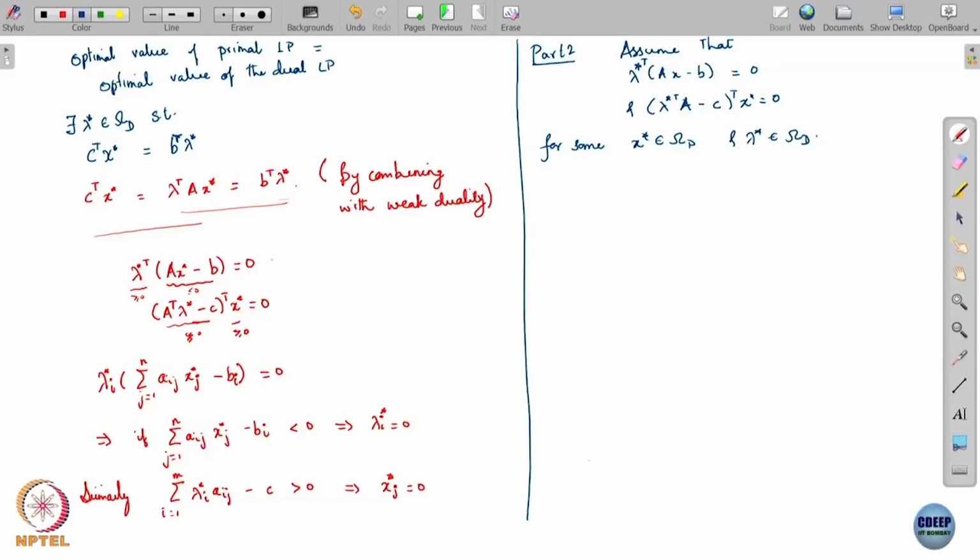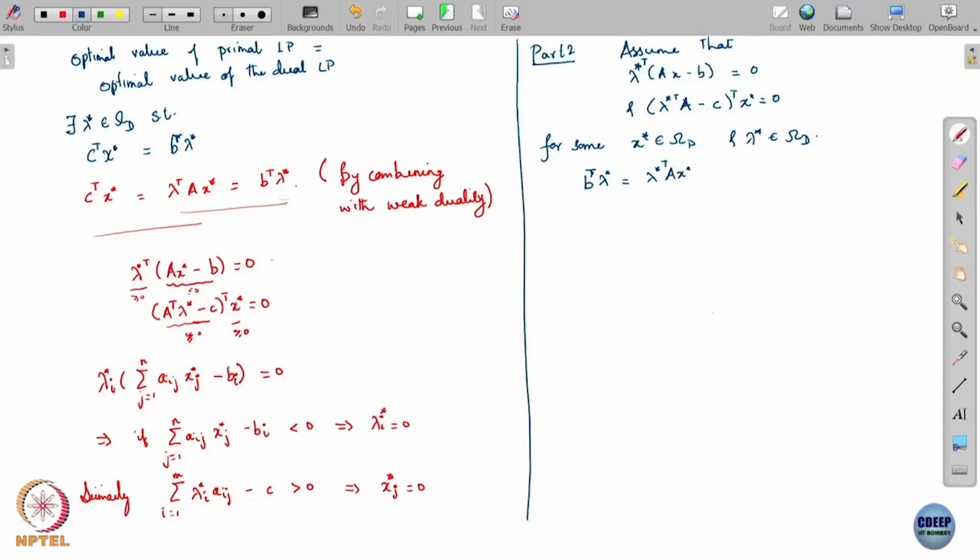Now, what does this say? Well, we can rearrange this a little bit. So, the first equation simply says b transpose lambda star equals lambda star transpose A x star.